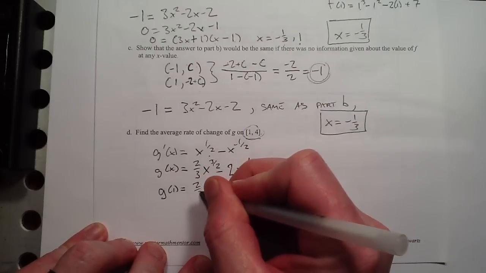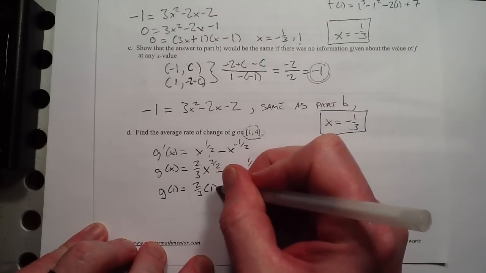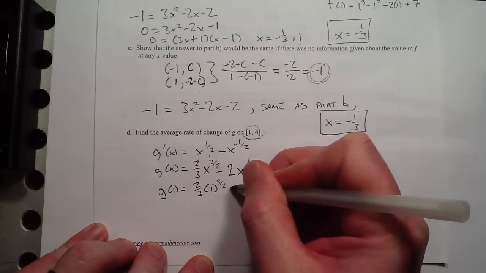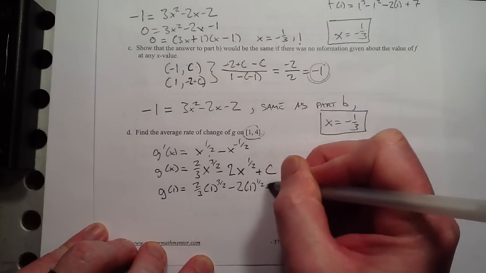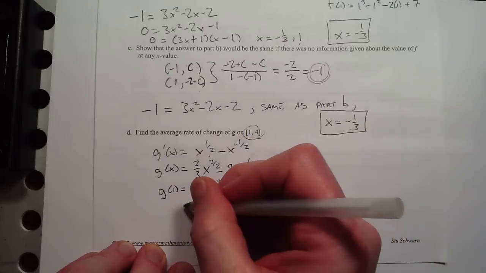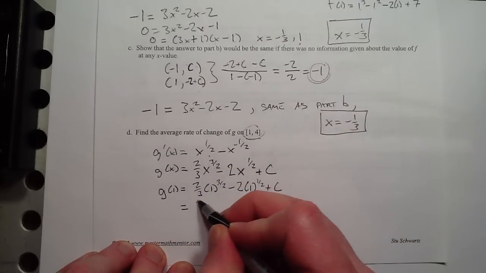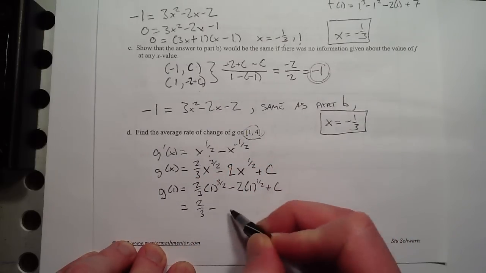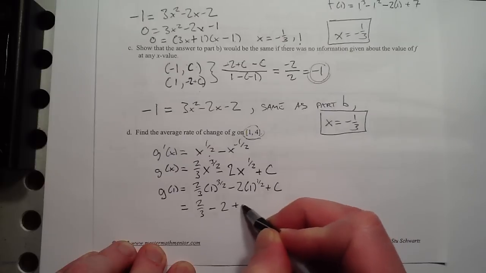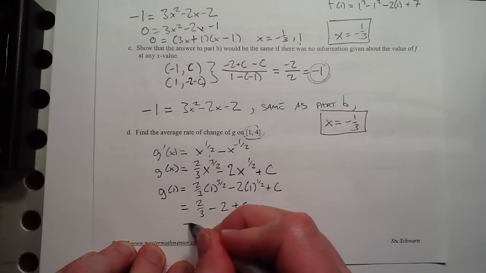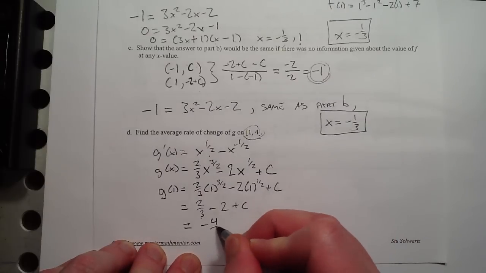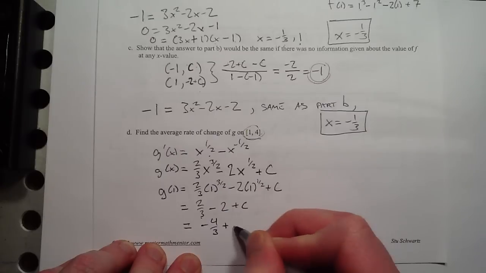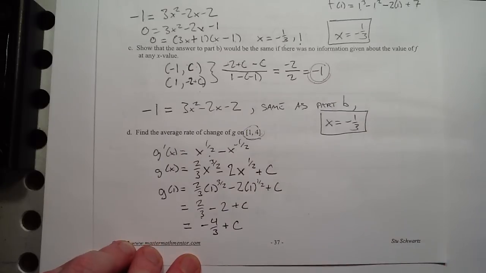So I get 2/3 times 1 to the 3/2 minus 2 times 1 to the 1/2 plus c. That's equal to 2/3 minus 2 plus c, which is equal to negative 4/3 plus c.